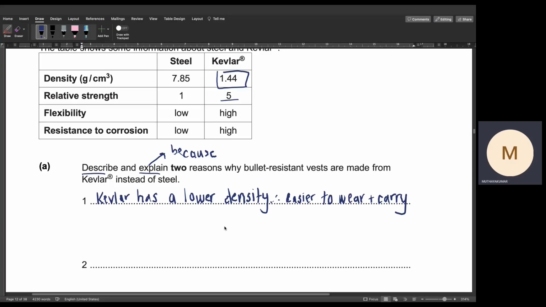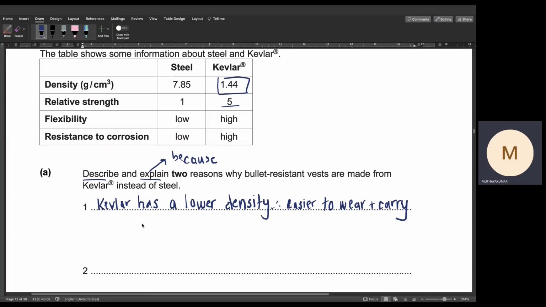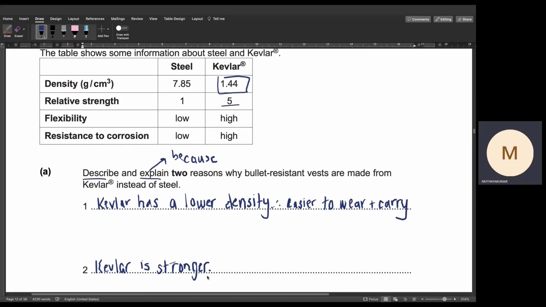So the relative strength is much higher. It's 5 times higher. So Kevlar is therefore stronger. We should therefore use this material because we want them to be bullet resistant. If a material is stronger, the bullet won't be able to penetrate through that material.